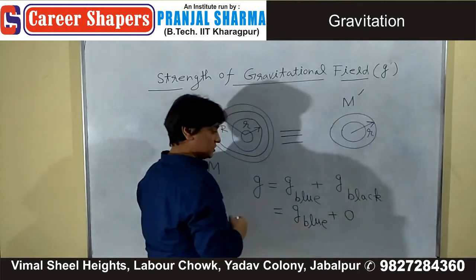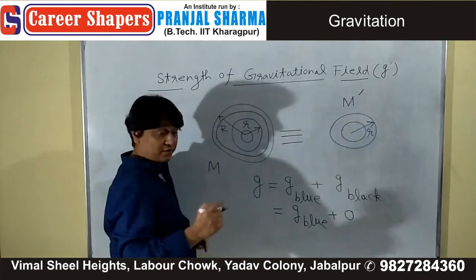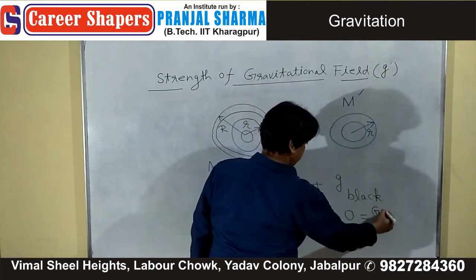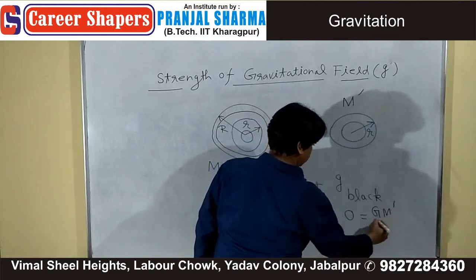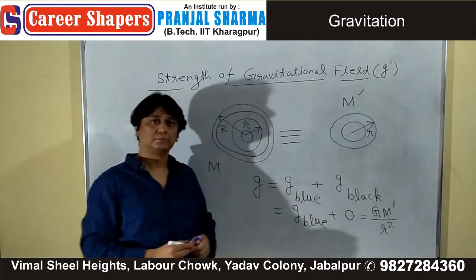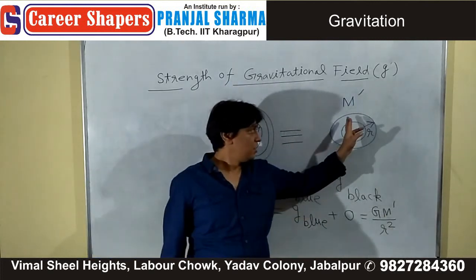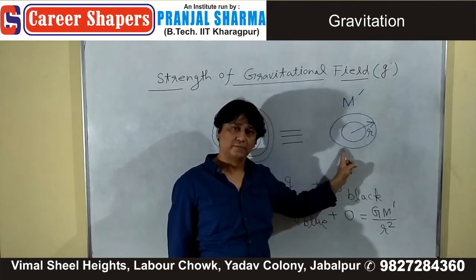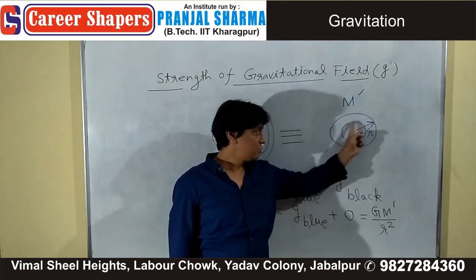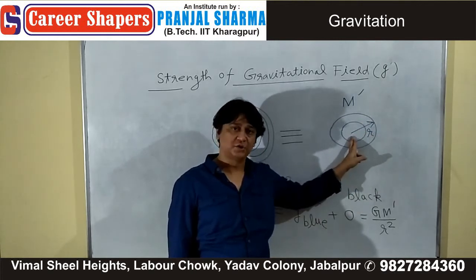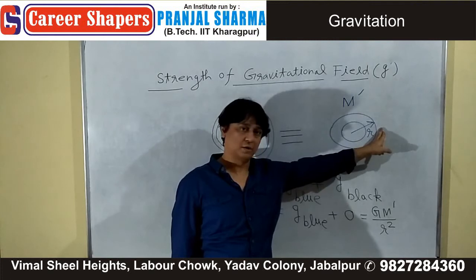What is the gravitational field of a solid sphere on the surface? On the surface, the field g due to blue is G m dash divided by r square. What is m dash? Mass of all these blue shells. Let's use a simple argument. For all these blue shells, you need the gravitational field at an outside point.